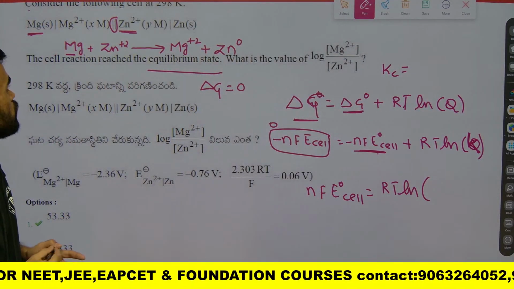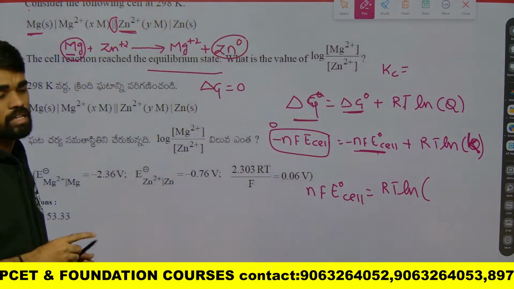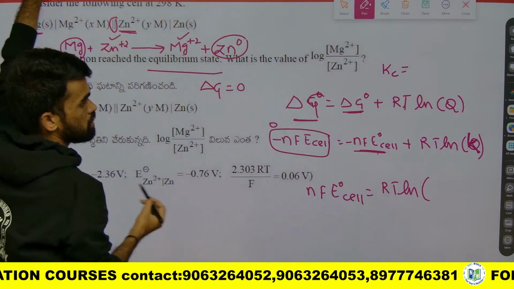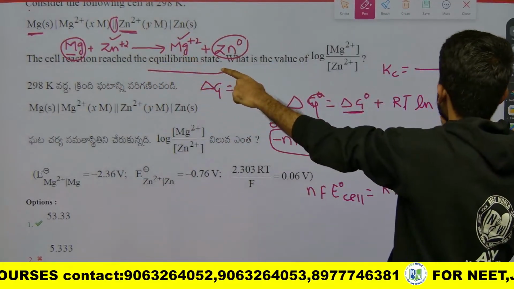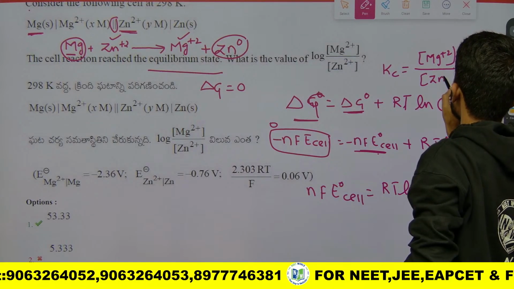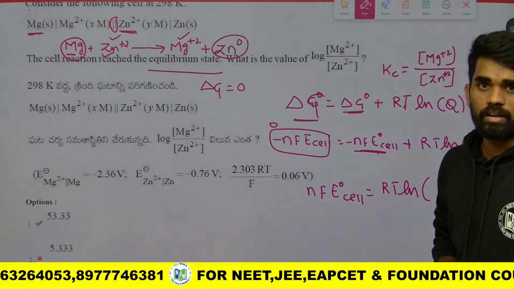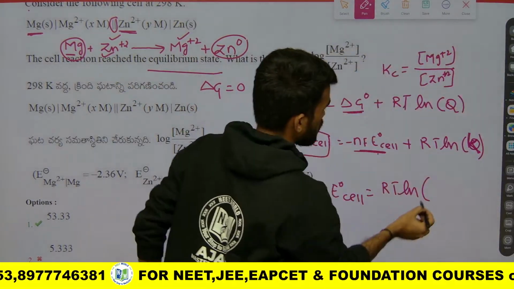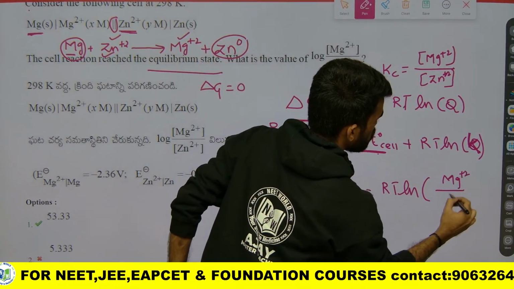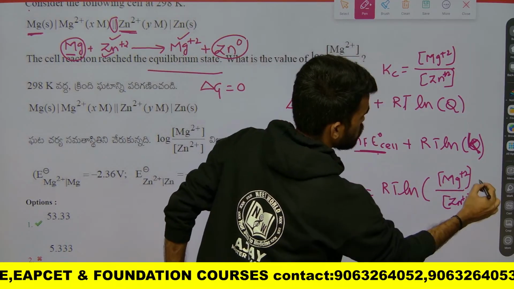Whenever we take pure substances like elements, their activity is 1. Therefore, in the equilibrium constant you take product concentration by reactant concentration: the concentration of Mg2+ by the concentration of Zn2+. The denominator comes from the reactant side. Hope it is clear. This is the Kc.